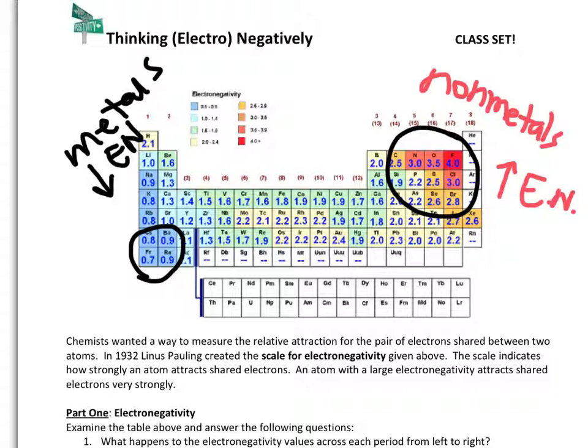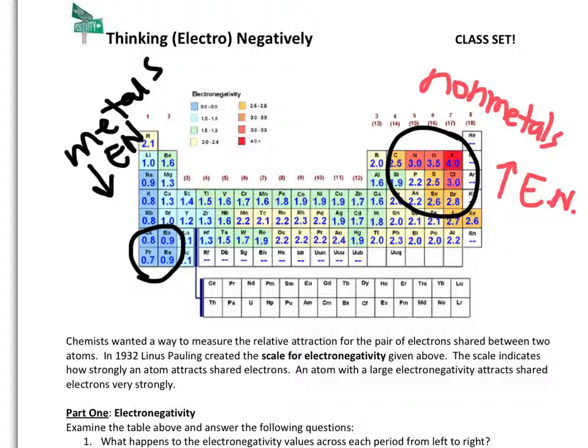So, like we discussed earlier, they're not going to be able to rip electrons away from each other, because they're both pulling with a lot of strength. So what we're going to see is that if the pulling is equal, in equal and opposite directions, we're going to call that a nonpolar bond, meaning that the electrons are being shared fairly.